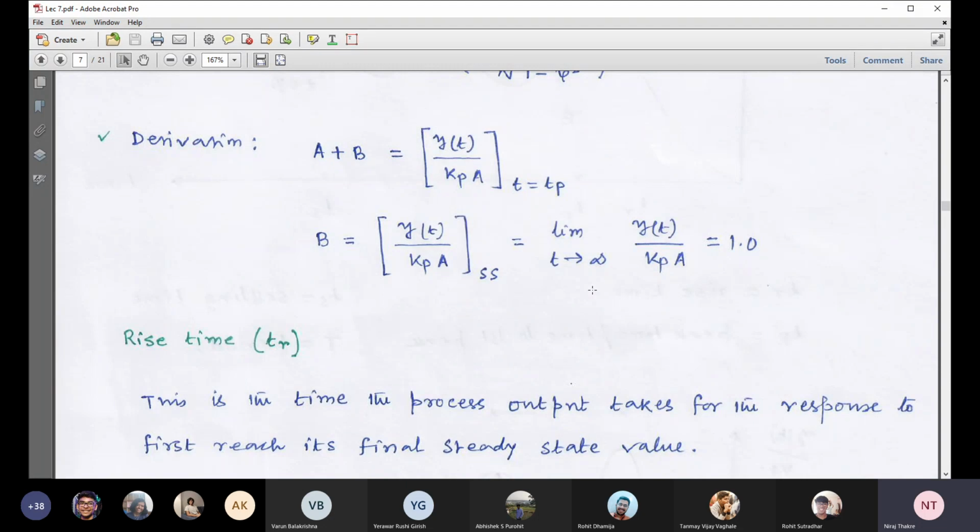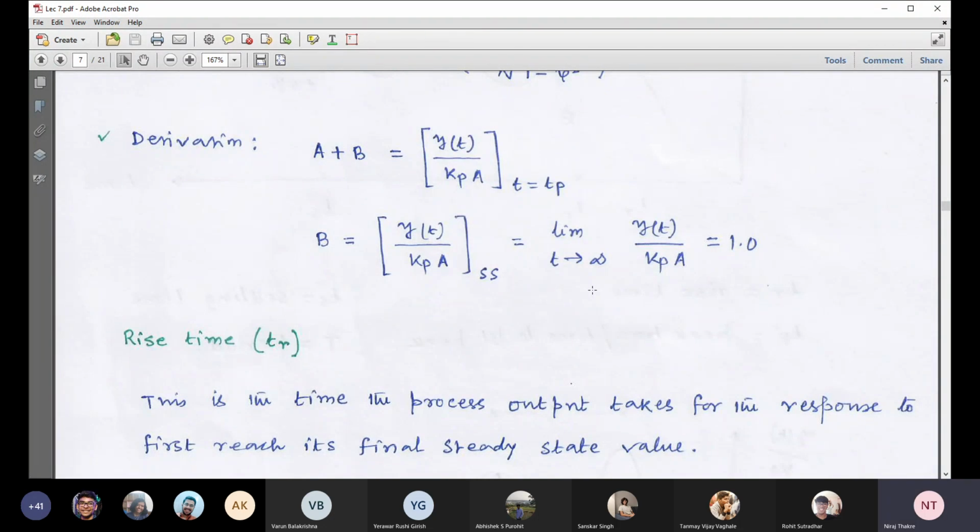Anyone else got the expression for t suffix r? Yes, sir, same expression. Pi minus phi divided by omega. Yeah. What's your roll number? Anyone else?